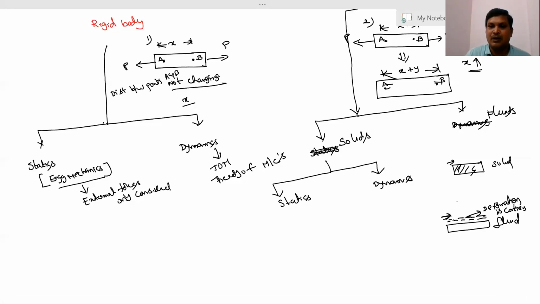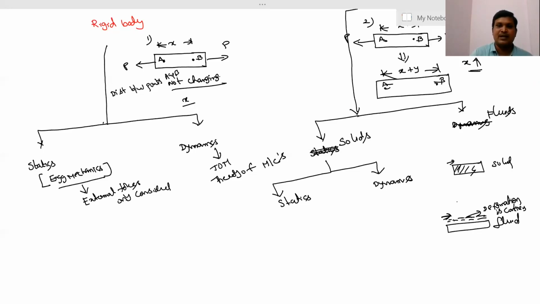That is called fluid. But after removing the load on the solids, the body does not continuously deform. That is called solids. Is it clear? In solid mechanics, there is no deformation if you apply a small force. But in fluids, even if the force is small, the deformation is continuous.